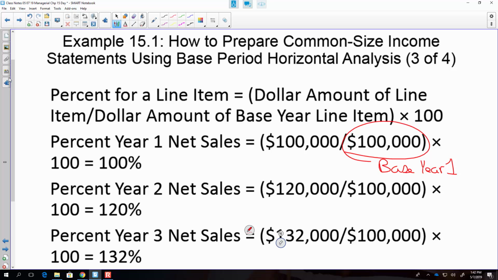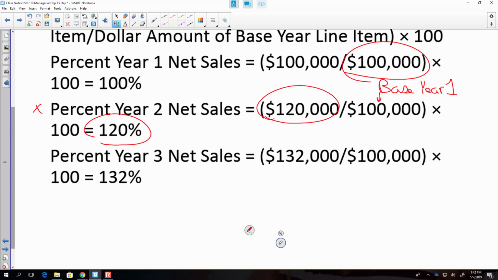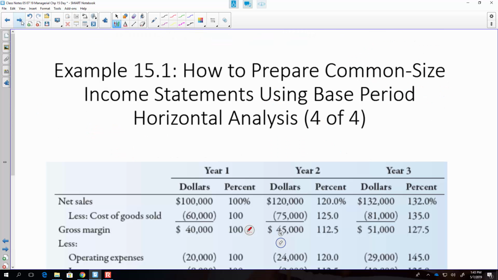In year 2, our sales change to 120, but remember our base year stays constant. That gives us 120% of base year. And then in our third year, 132, the base again remains at 100. That's our year 1 amount. So compared to base year 1, we're at 132% of that particular period of time.